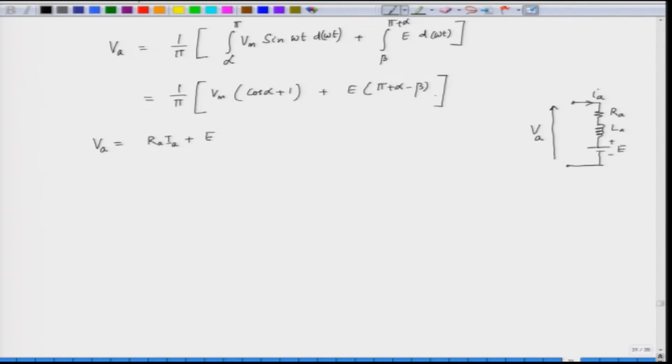Now, our objective is to draw the speed torque characteristic. So, we get the value of V A from the above equation.